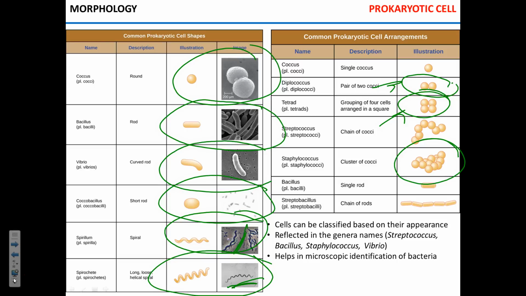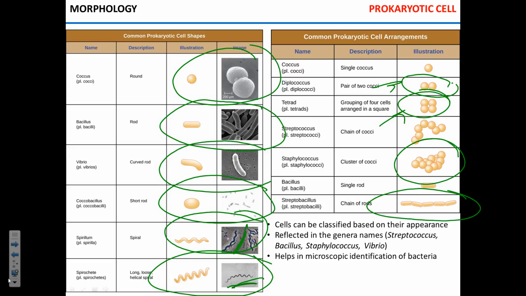So when we know the pattern of organization of those cells, it gives us additional characteristics that help us to characterize and recognize the pathogen. Bacillus sometimes can form chains.